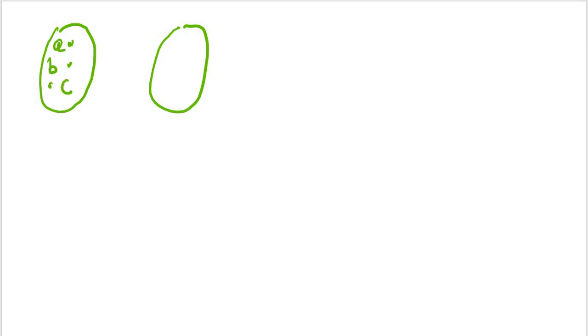Let's say I have a diagram where I have A, B, C on this side, and S, T, U, V on this end, and my function f is like this: A maps to S, B maps to U, and C maps to V.